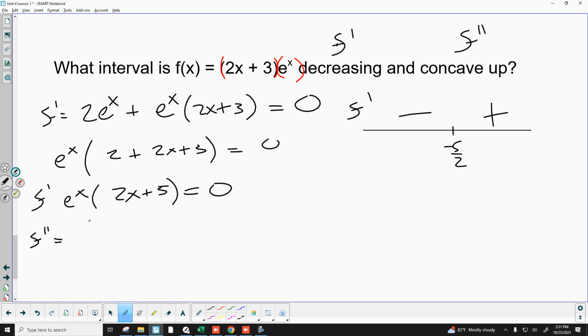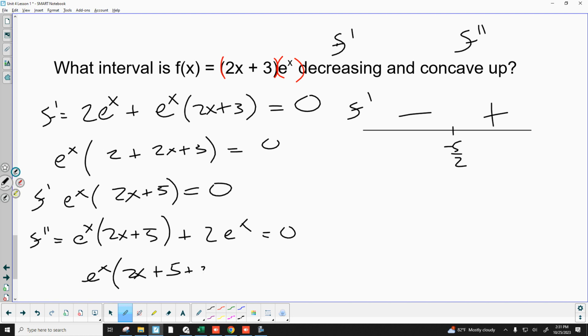You get negative 7/2 to negative 5/2. Negative 7/2 to negative 5/2 is the correct answer.